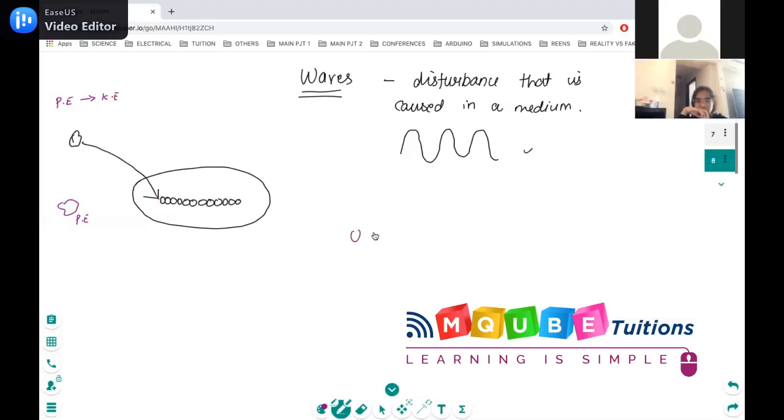I'll just draw over here so you'll understand how a wave is normally formed. This is the first molecule. It gets the energy, it is excited and it starts vibrating. Is this clear till this much?